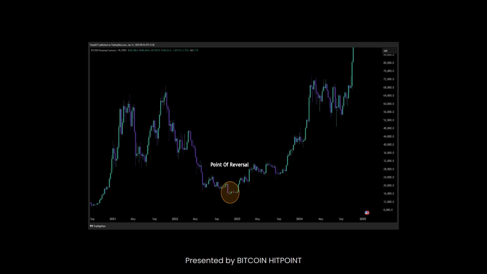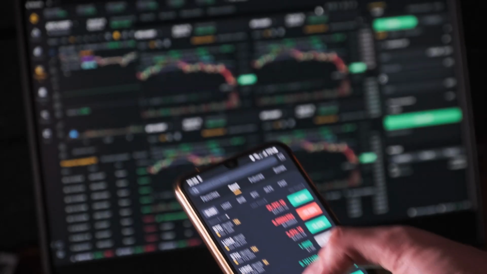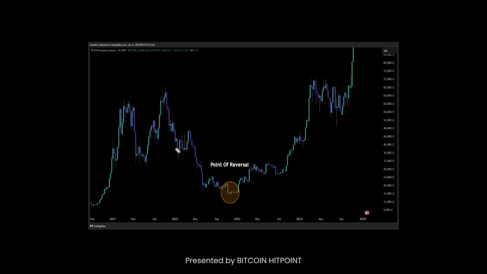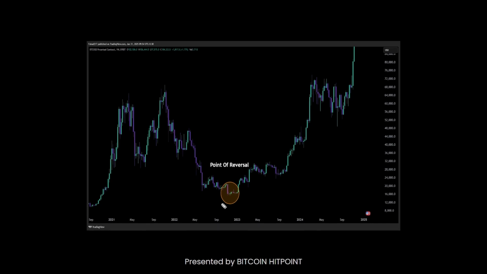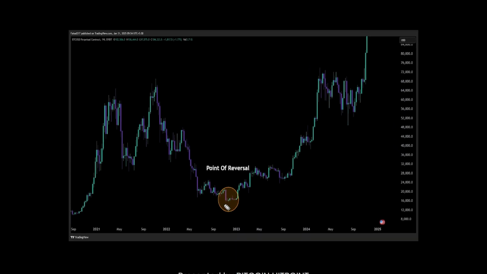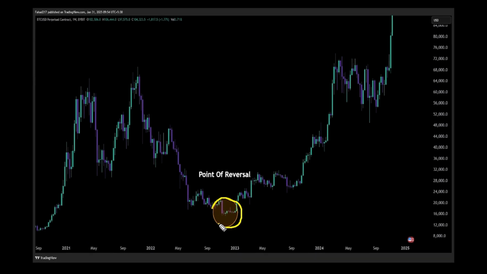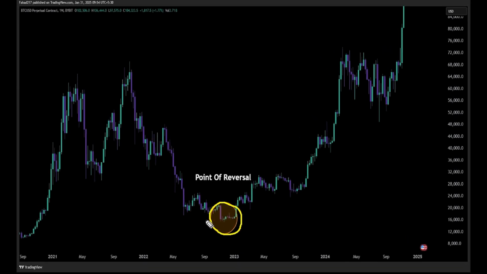I'm very sure you guys must have taken a lot of trades by now, even if you are a beginner, and most of them would have either got stopped out or liquidated. So let's say you had a good knowledge of the market, a good knowledge of price action, and you were able to understand what could be a point of reversal, just like we see something like here.